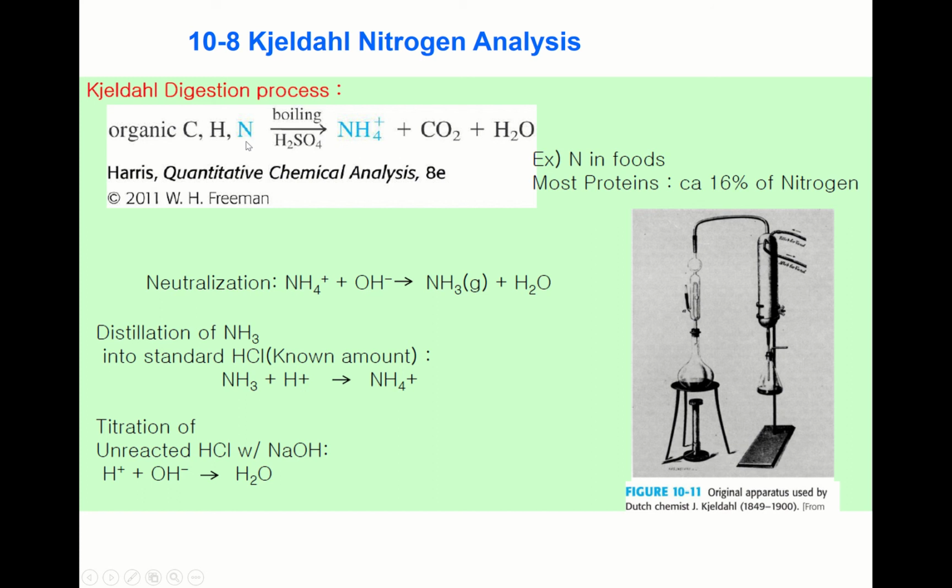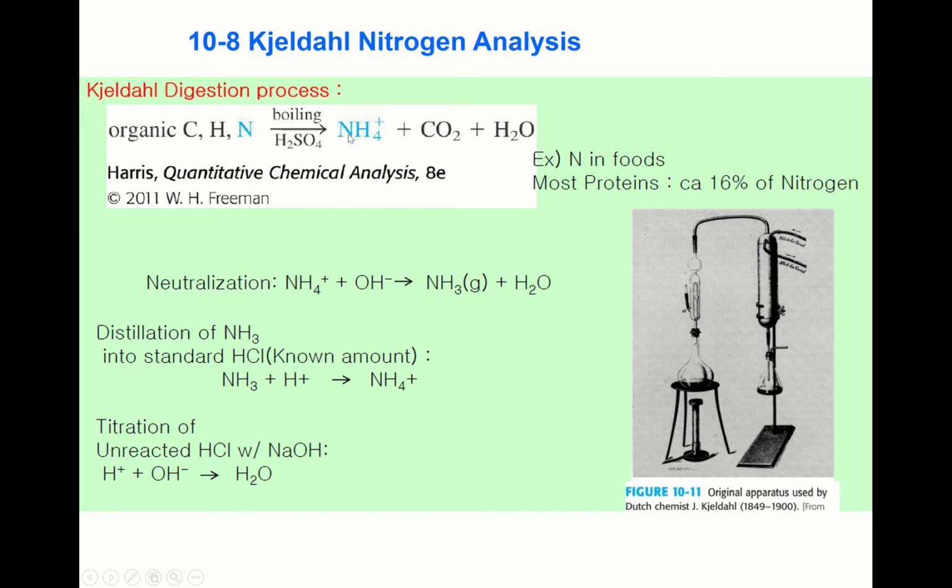Nitrogen becomes ammonium ion, carbon decomposes to carbon dioxide, and hydrogen becomes water. This is called digestion, right?